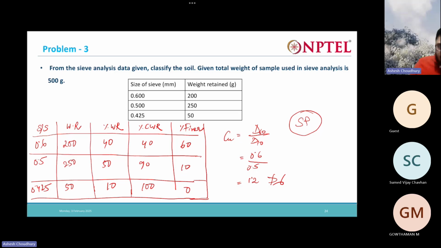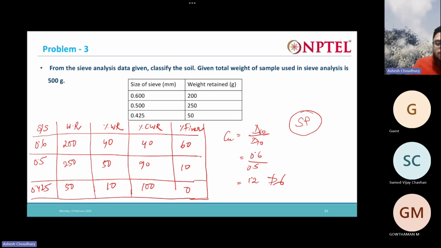So how did we decide that the soil is coarse? Because 0% of the soil is passing through 0.075 mm, 75 micron. How? Because 0% is passing through 0.425, so obviously 0% is passing through 0.075. That means the soil is coarse.